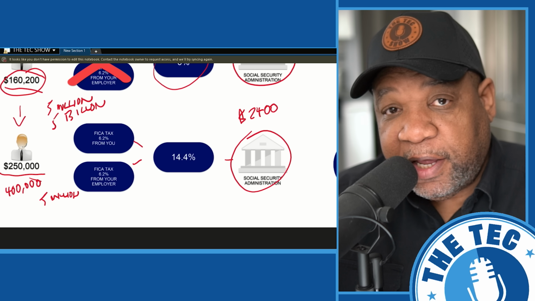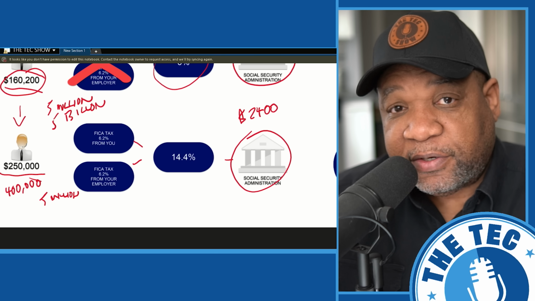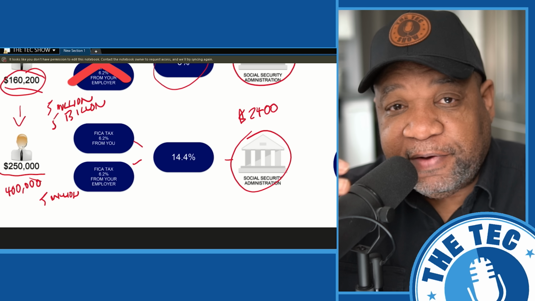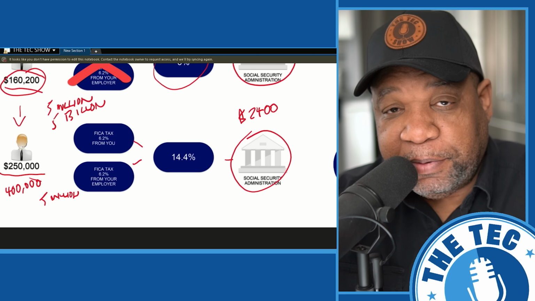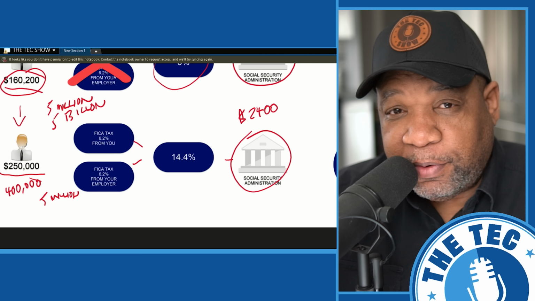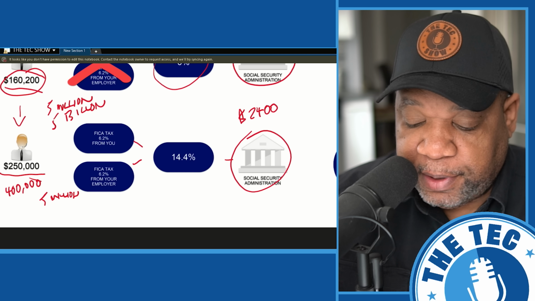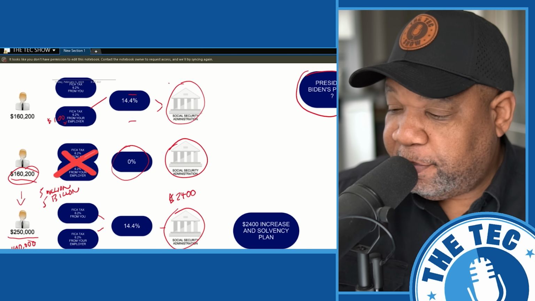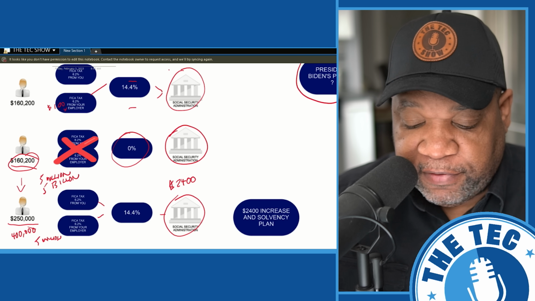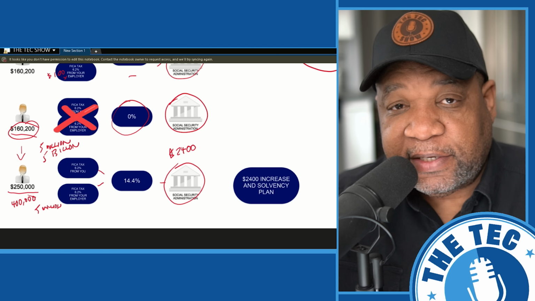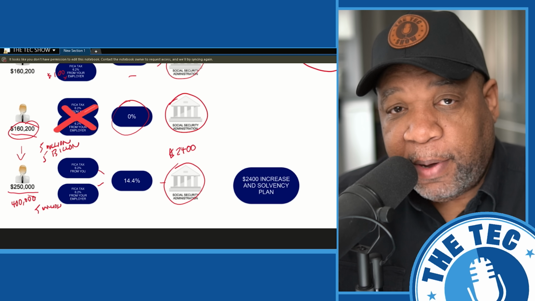Obviously it would be less money collected, because those between $250,000 and $400,000 still would not have to pay into the FICA tax, and so Social Security would be collecting a little bit less. But that's what we're looking at right now. So that's pretty much outlining everything that's going on with how they would tax this and why they would go about it this way.